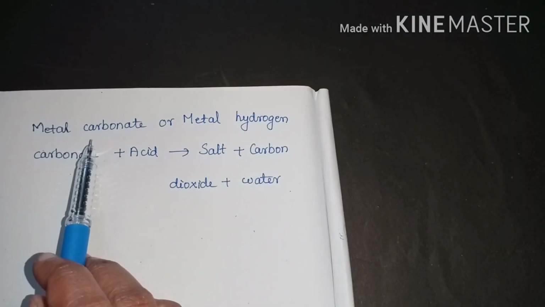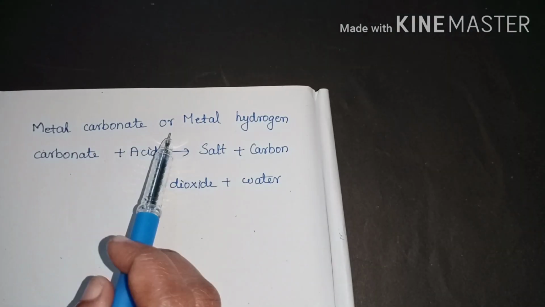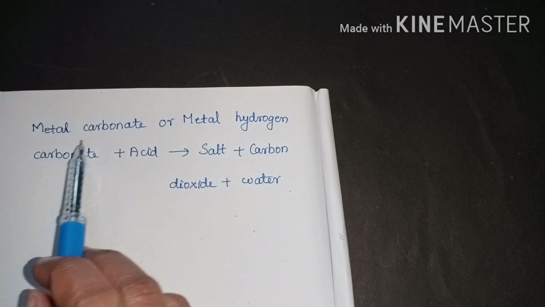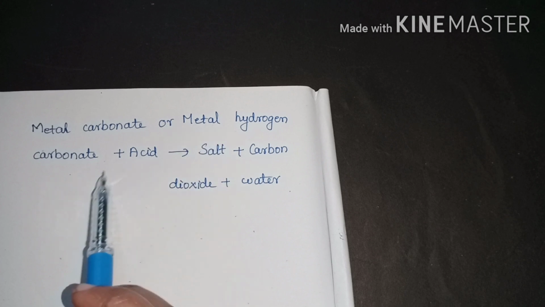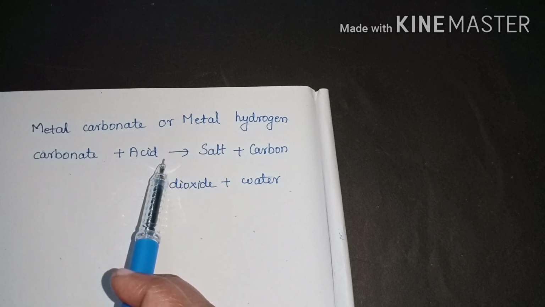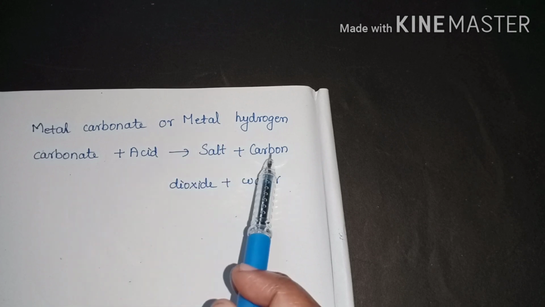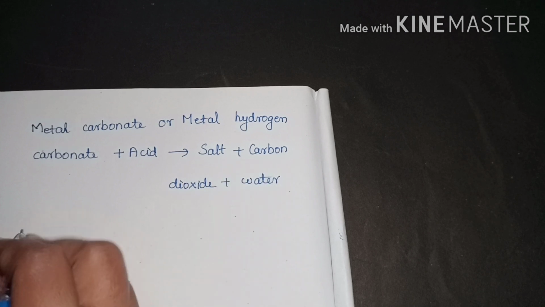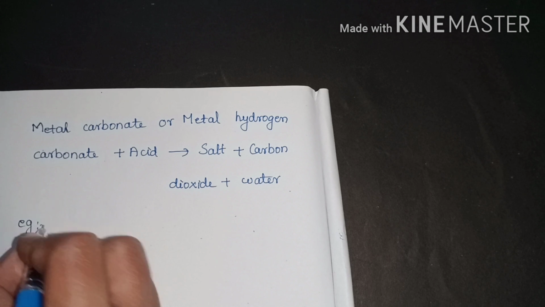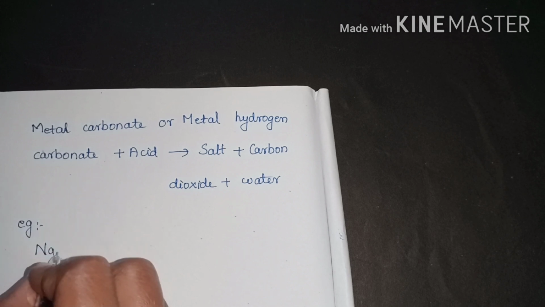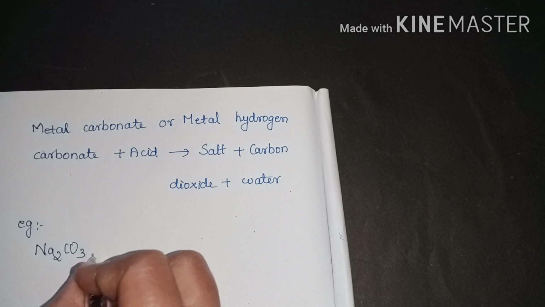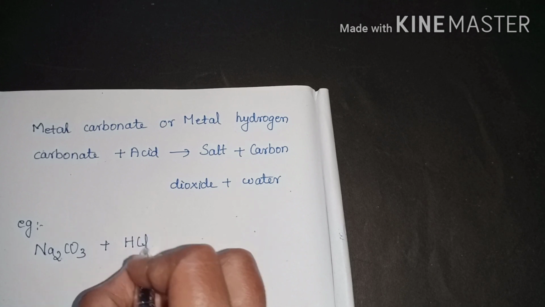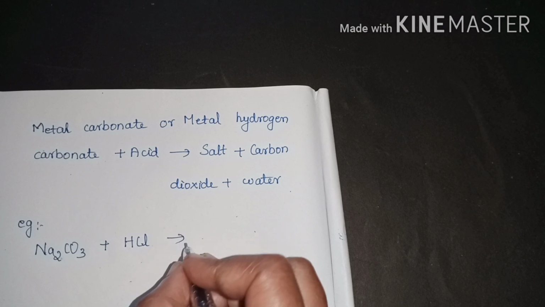Now let us check the reaction of metal carbonate or metal hydrogen carbonate with the acid. That is, metal carbonate or metal hydrogen carbonate on reaction with the acid gives salt plus carbon dioxide plus water. For example, sodium carbonate Na2CO3 on reaction with hydrochloric acid gives salt.